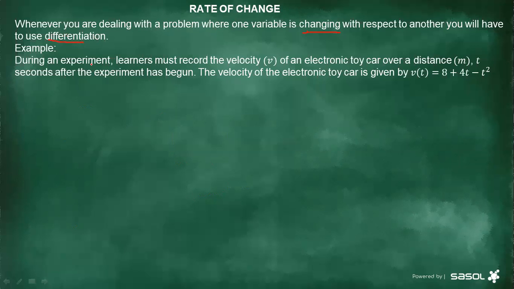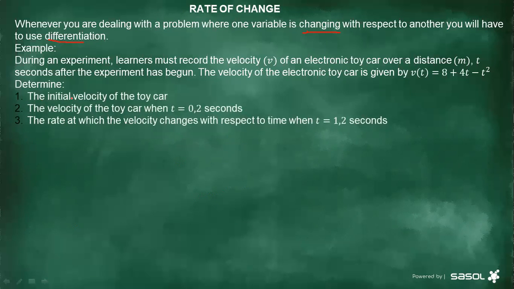It says during an experiment, a learner must record the velocity of an electronic toy car over a distance in meters. T is the seconds since the experiment began. The velocity of the electronic toy car is given by this formula. Now determine the following. The initial velocity of the toy car.